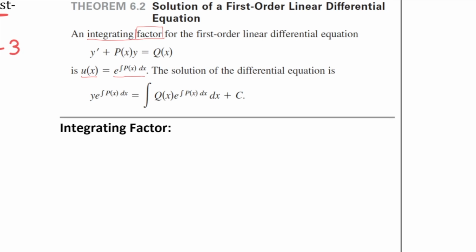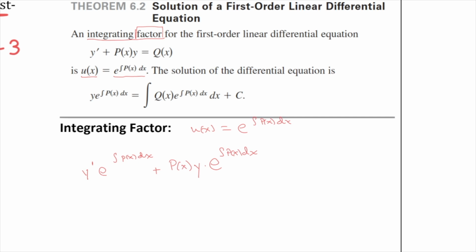All right, so let's see here. u of x is going to be equal to e to the integral of p of x dx. If I take that and multiply through, we have y prime times e to the integral p of x dx plus p of x times y times e to the integral p of x dx.